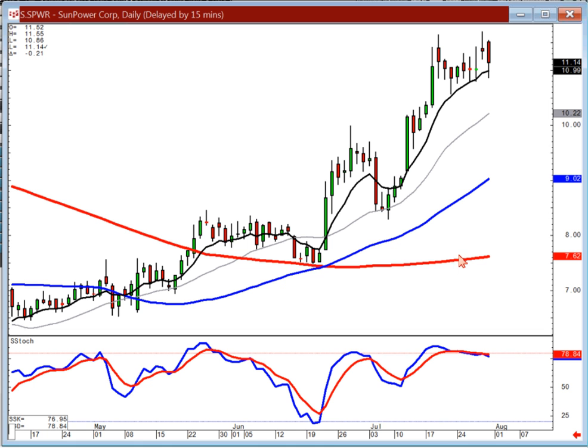The homing pigeon is just a harami. The only difference is, let's say a harami forms tomorrow. That would mean it opened positive and closed slightly lower, so created another dark candle.